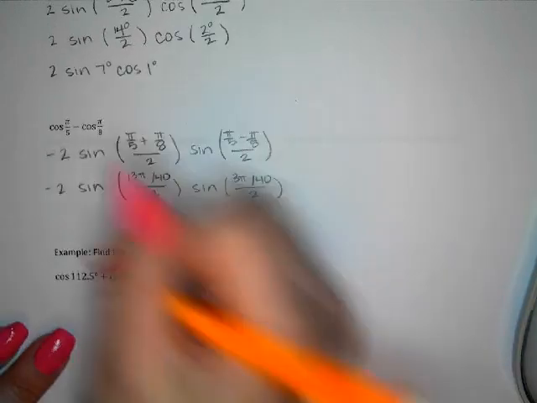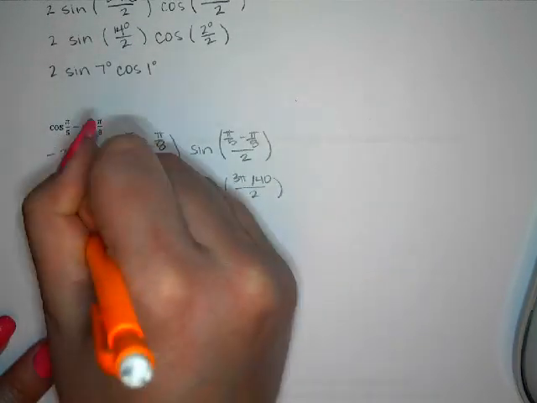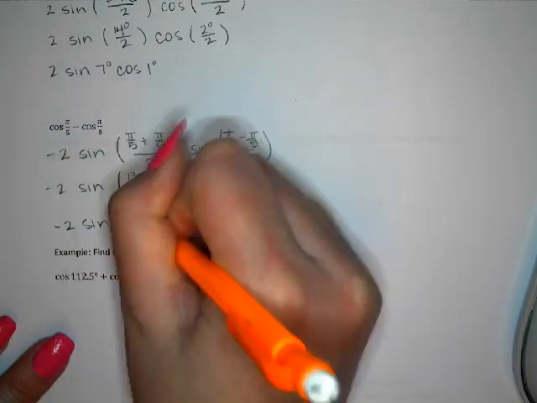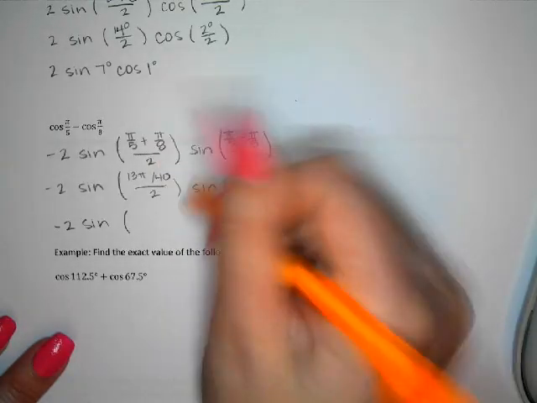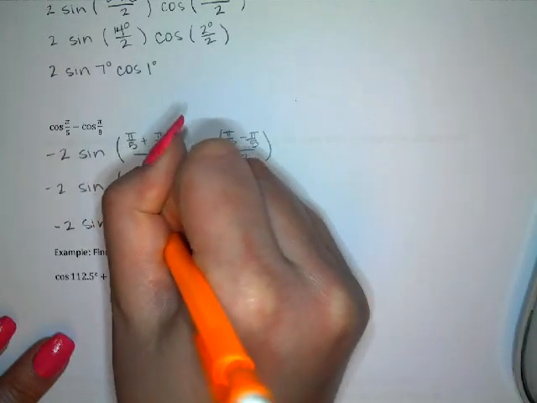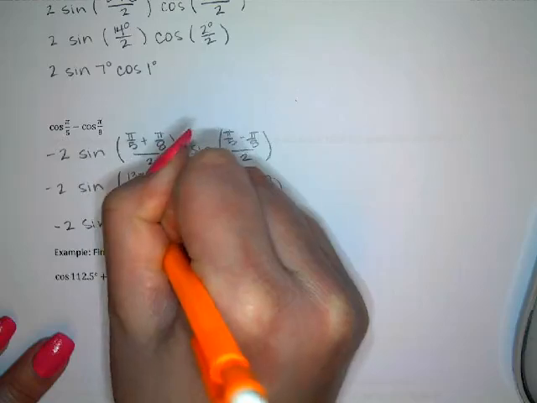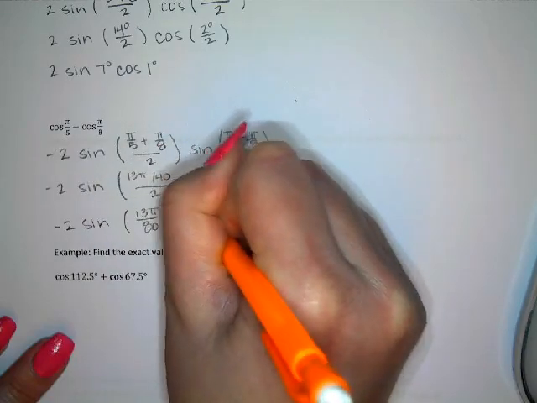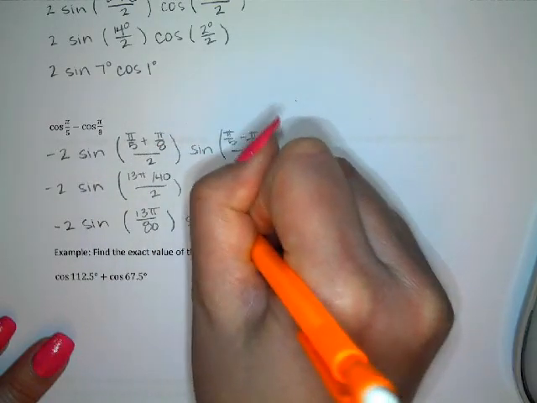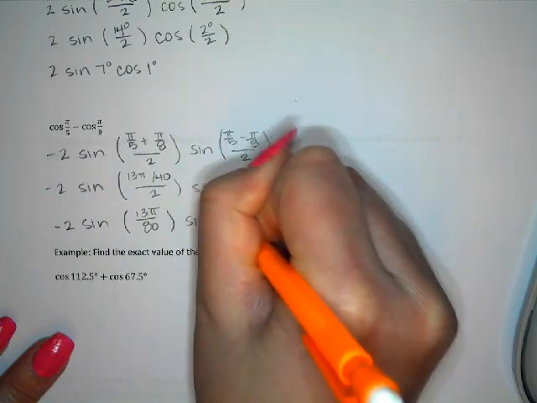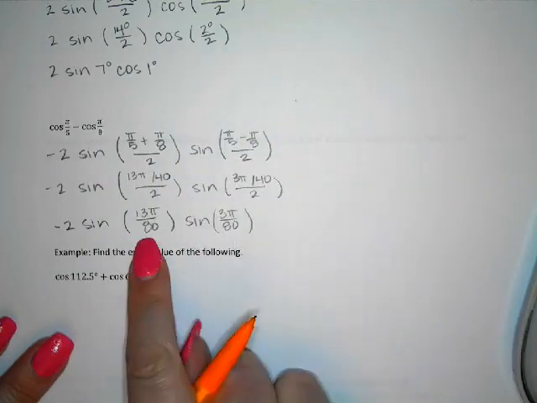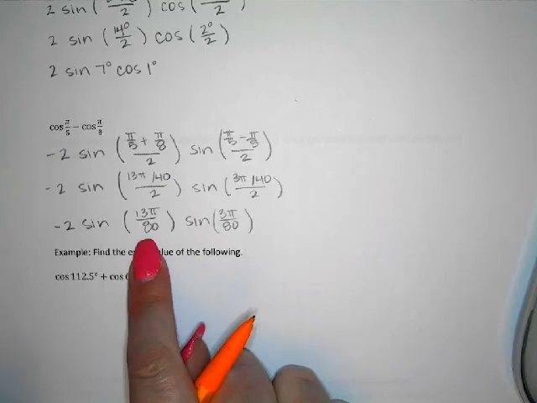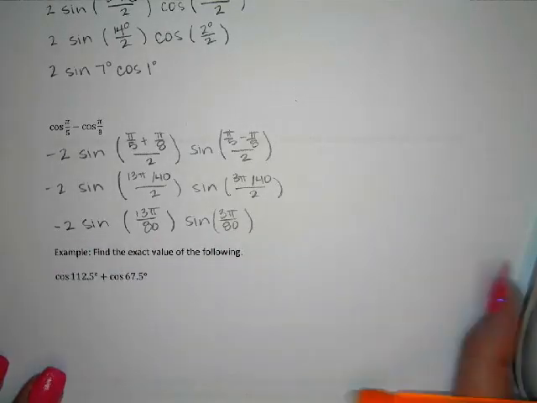And I guess I probably should have just done it all at once, but we're taking those fractions and dividing them in half, dividing them by 2, so that would be 13 pi over 80, and then sine of 3 pi over 80. And you can put the parentheses around the angle, but you technically don't need to. And that's what we would have for the second problem.